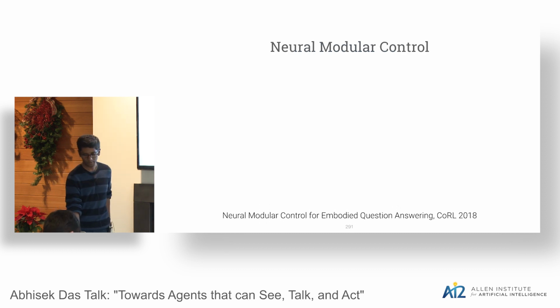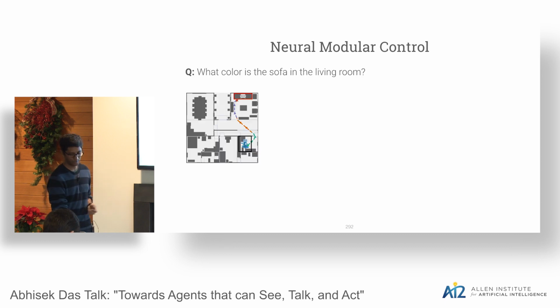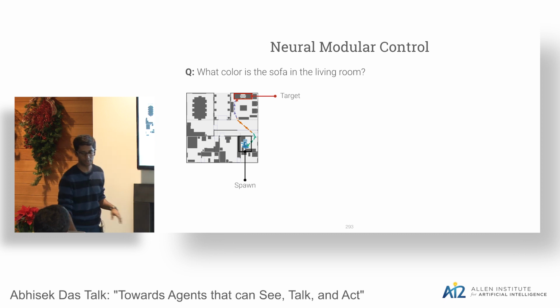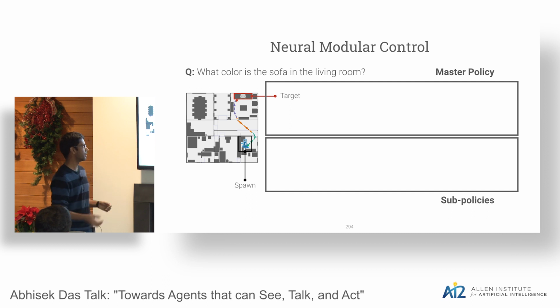So in more recent work, we have a simple idea to improve this navigation performance a bit. Once again, the example here is: what color is the sofa in the living room? That's where the sofa is. This is where the agent starts. The idea is that we can have a different kind of abstraction for this hierarchy.